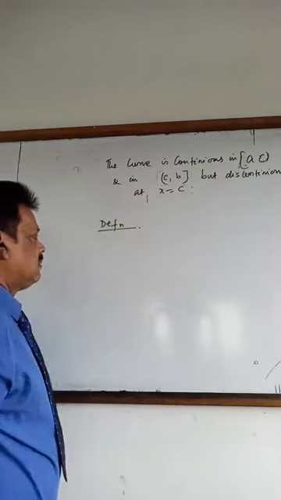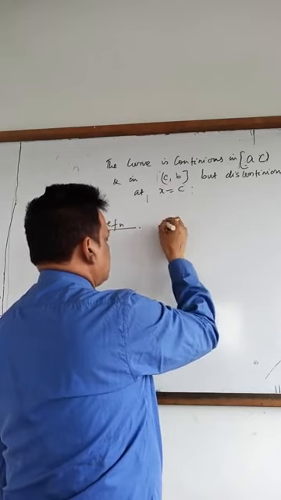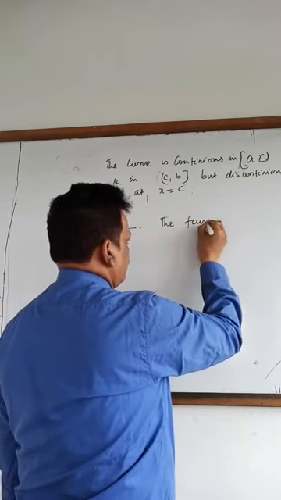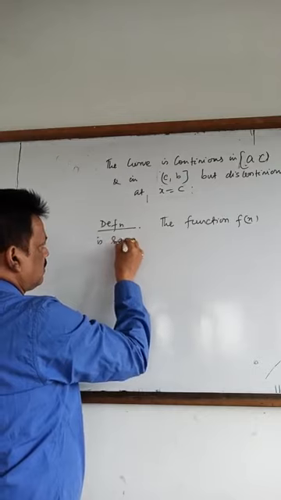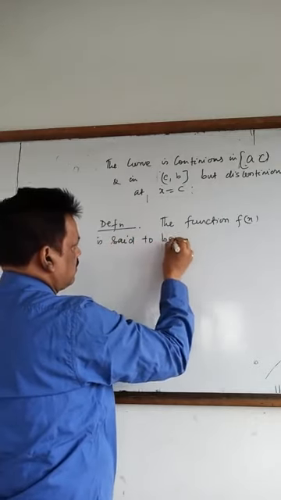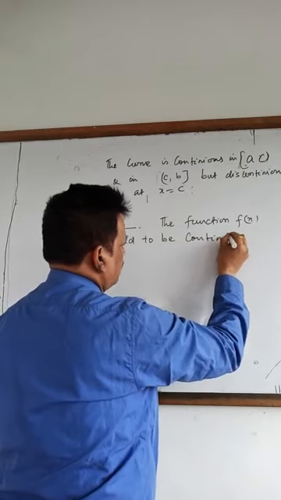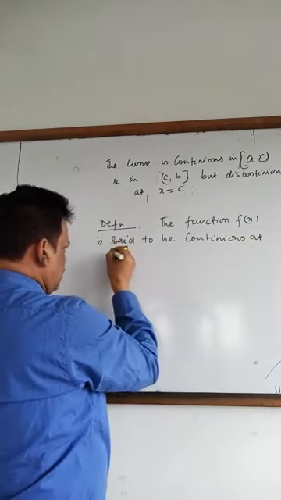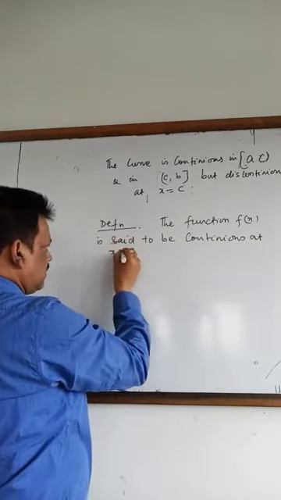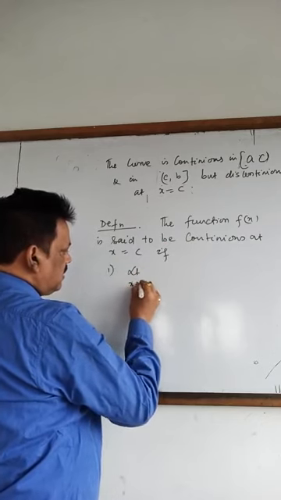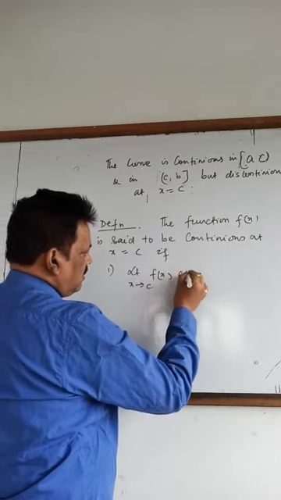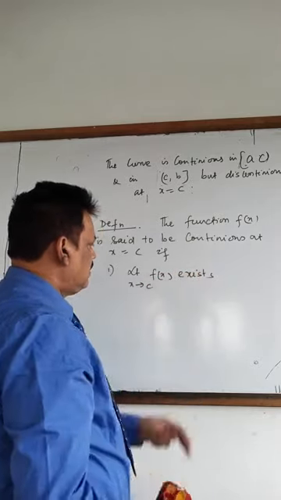A curve or a function f(x) is said to be continuous at x equals c if, first point, the limit as x tends to c of f(x) exists. The limit will exist.